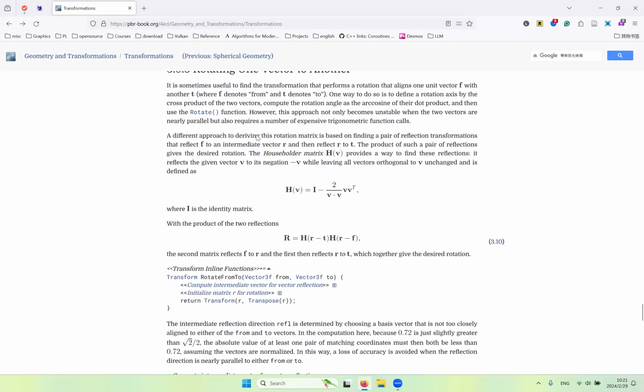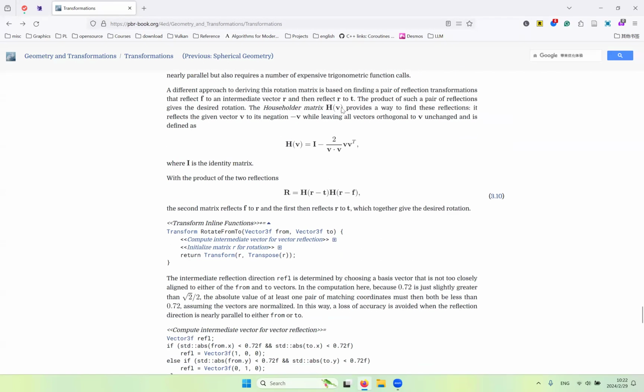So a different way to do that is using this so-called Householder matrix. I don't think I've heard that term before. Me neither, but it looks really nice.